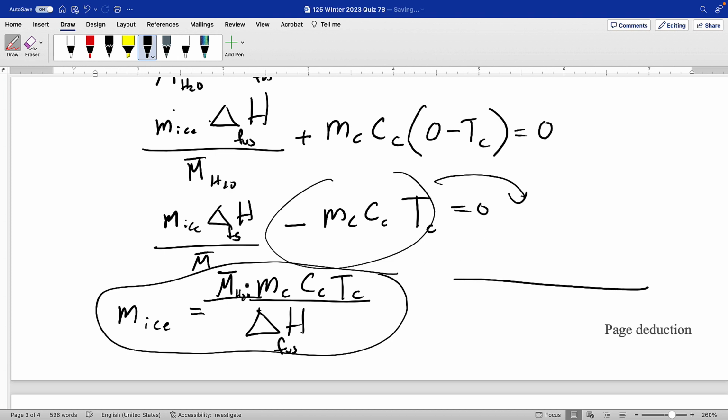We've got our molar mass, which we could put in grams per mole. We've got our mass, which we could, if we wanted to, put in grams.